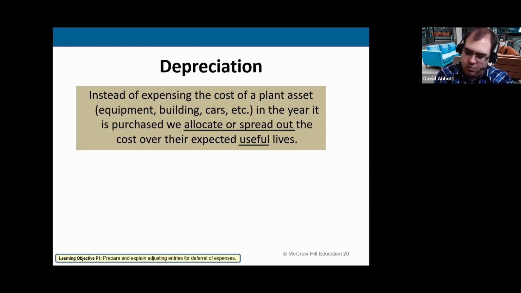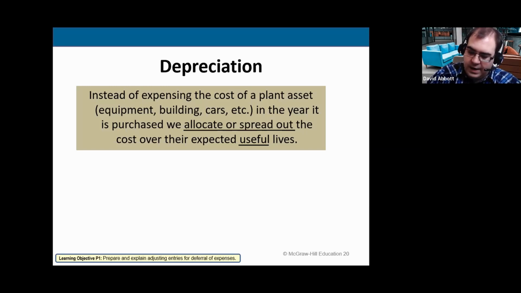Examples: buildings, machines, vehicles, fixtures. Depreciation is the process of allocating the cost of a plant asset over its useful life in a systematic and rational manner. Usually the IRS, depending upon what it is, has guidelines for how you do this, depending upon what type of asset we're talking about.